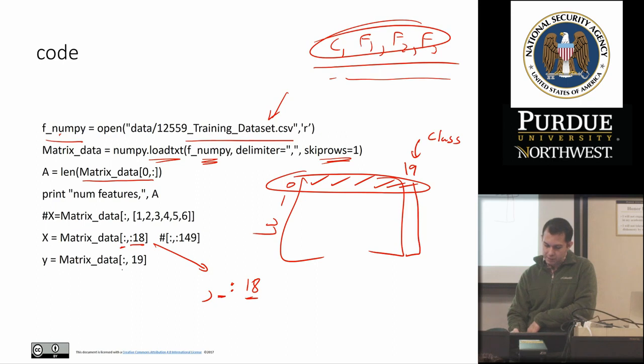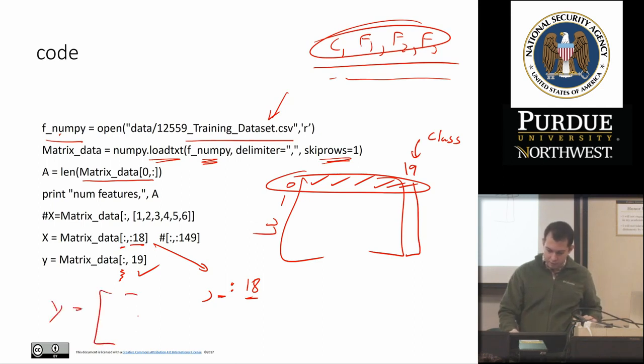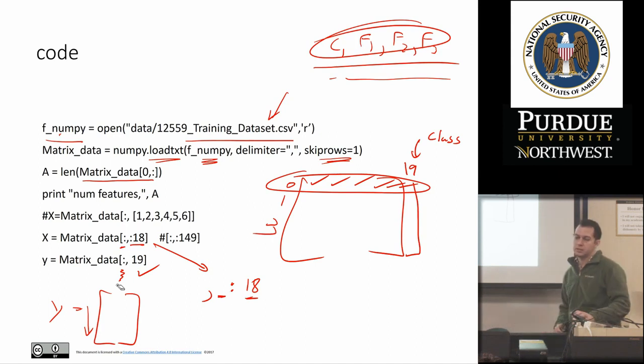So we tell it all rows and column 19. This results in y being one vector that goes down like that, with just one column for the classes. Make sense? Any questions? No? All right.